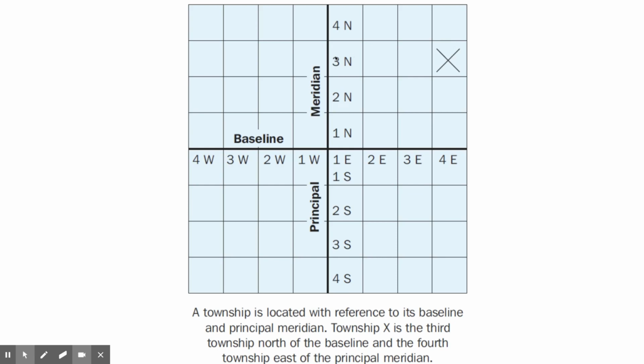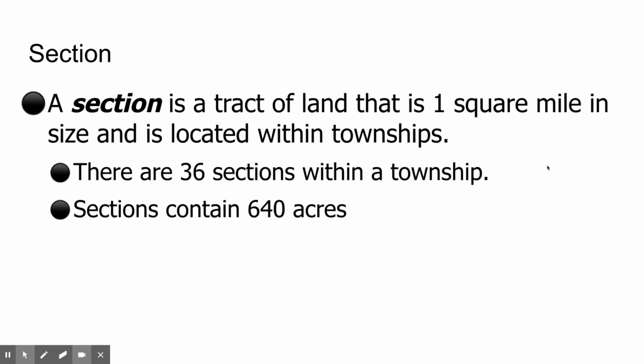So you just use whatever this number and letter is. If you want to do this one, it would be range 3 west and tier 4 north. Okay, so that's how we determine where these townships are. All of Illinois is broken up into these 6 square mile chunks of townships.